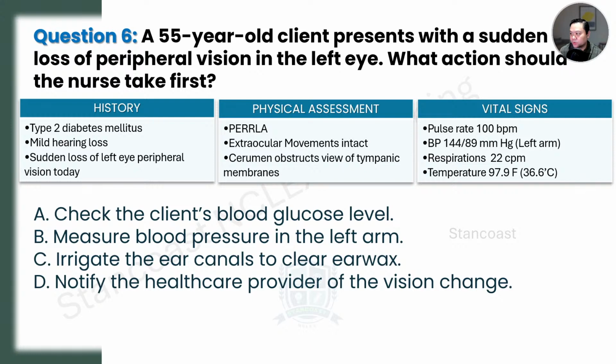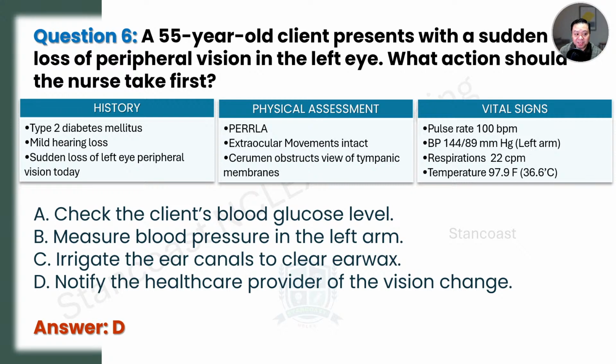Sudden loss of peripheral vision. What do you think? Well, the correct answer here is letter D. If there is a sudden loss of peripheral vision, this is a potential sign that there is retinal detachment. This is going to require immediate treatment.